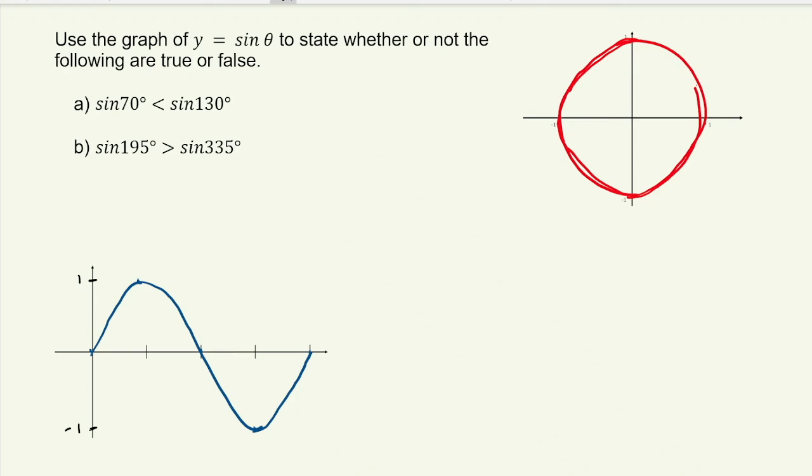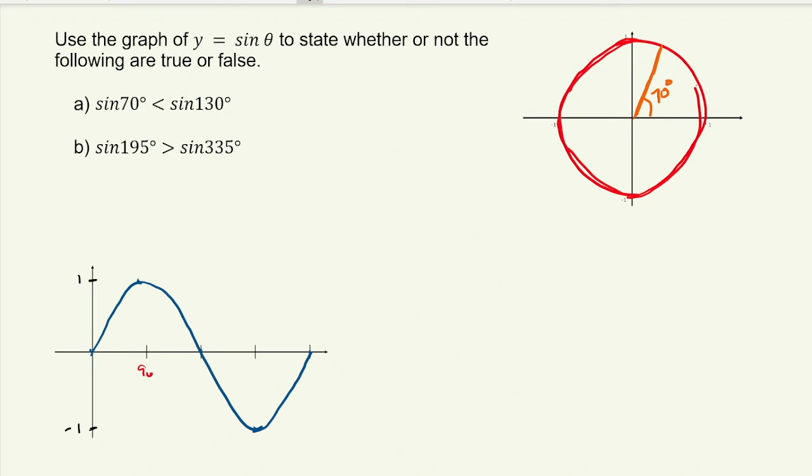Alright, so sine of 70 degrees. Alright, so 70 degrees, that's going to be roughly here. Okay. Is it less than sine 130? Well, let's have a look.